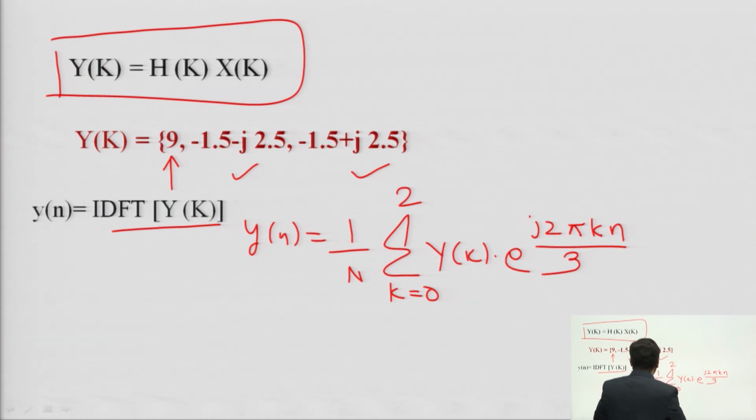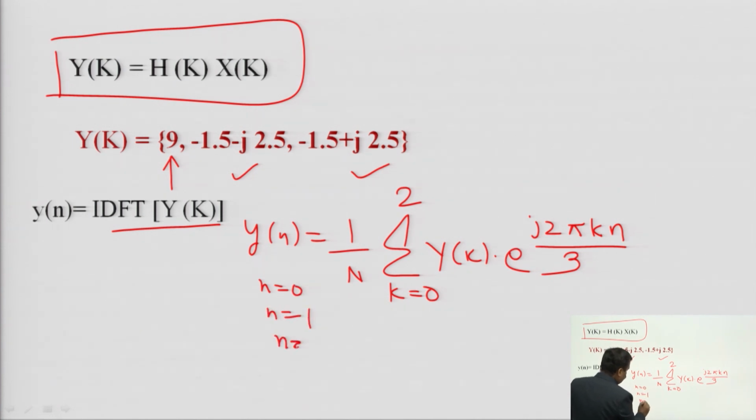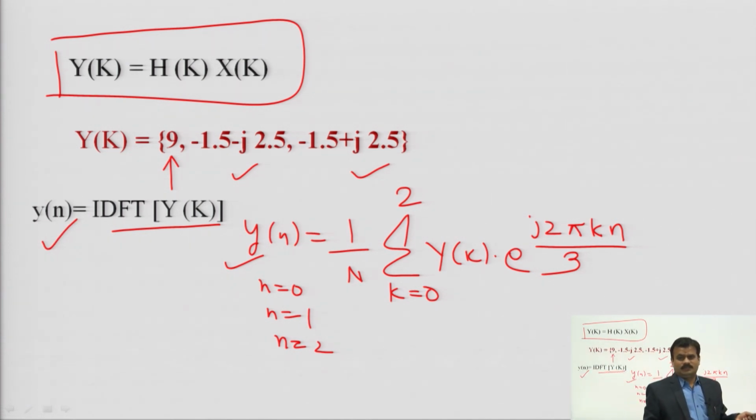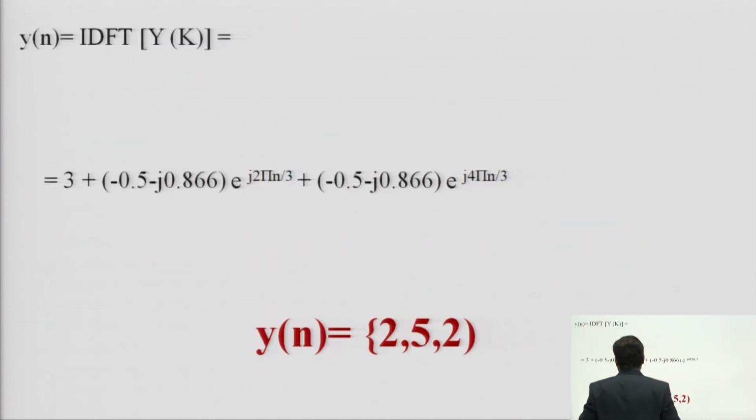Now, by this formula you have to put small n is equal to 0, 1, and 2, and then you can calculate its value at 0, 1 and 2, and finally, you will get your output of the LTI system under the linear convolution through the circular convolution, and this is the motive generally we have for us.